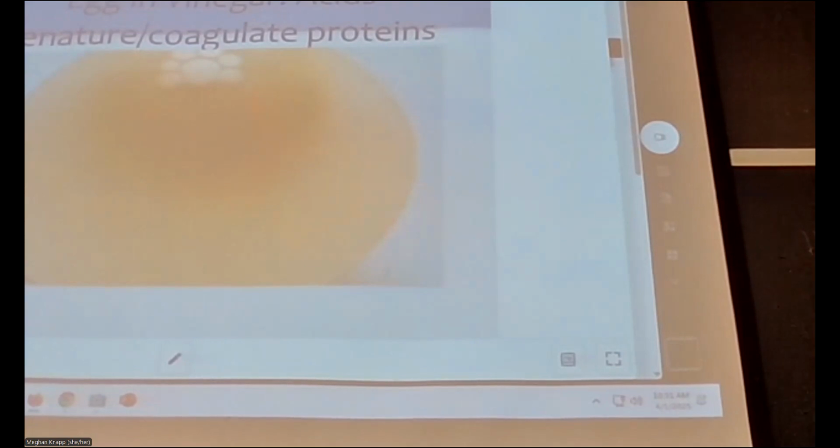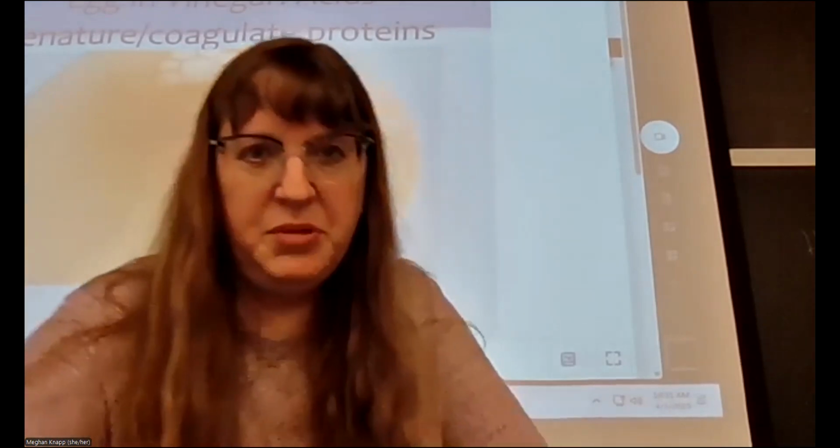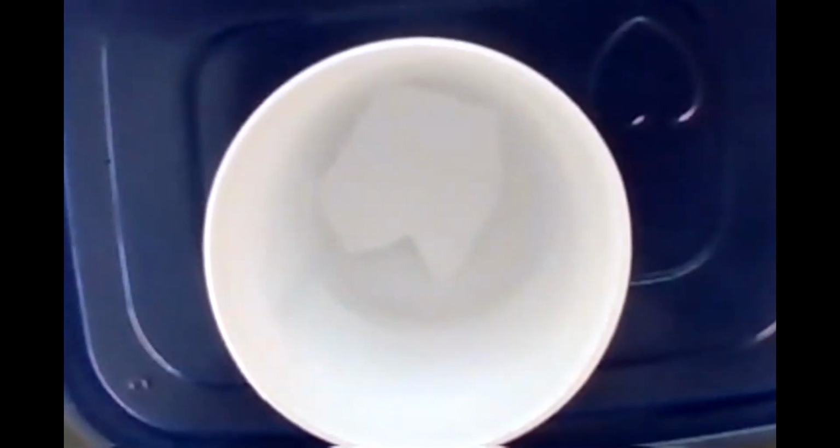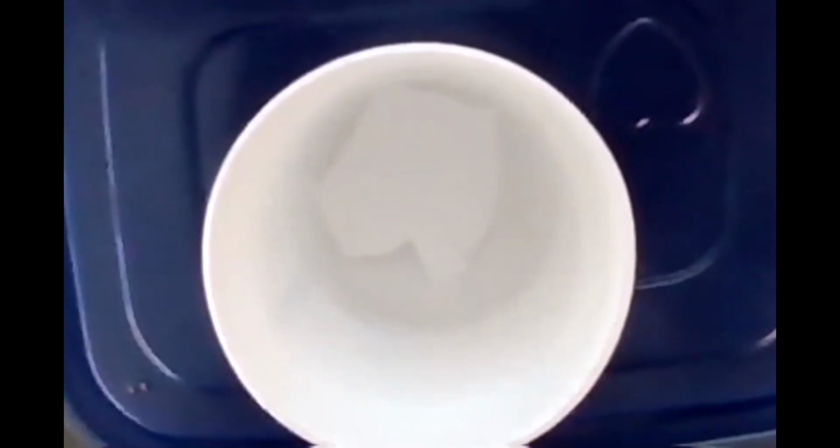With the eggshell, it might be really hard to see, but there are tiny bubbles at the bottom of this, and you can see tiny bubbles on top of the eggshell if you're in person.